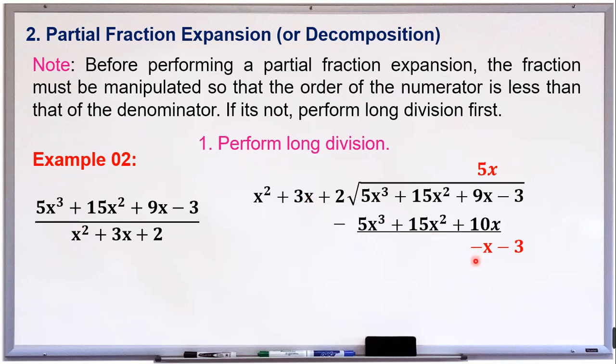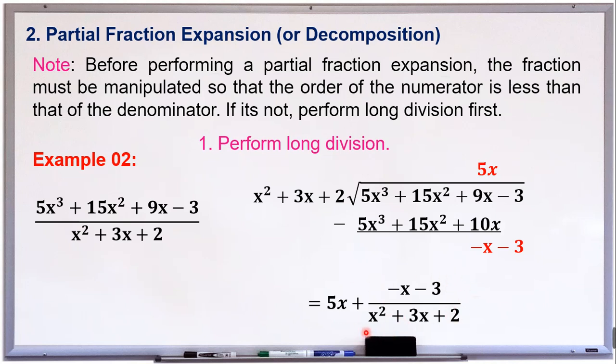So therefore, the answer for long division is equal to 5x plus the remainder divided by the given divisor. So the fraction decomposition is focused on the second term of this expression.